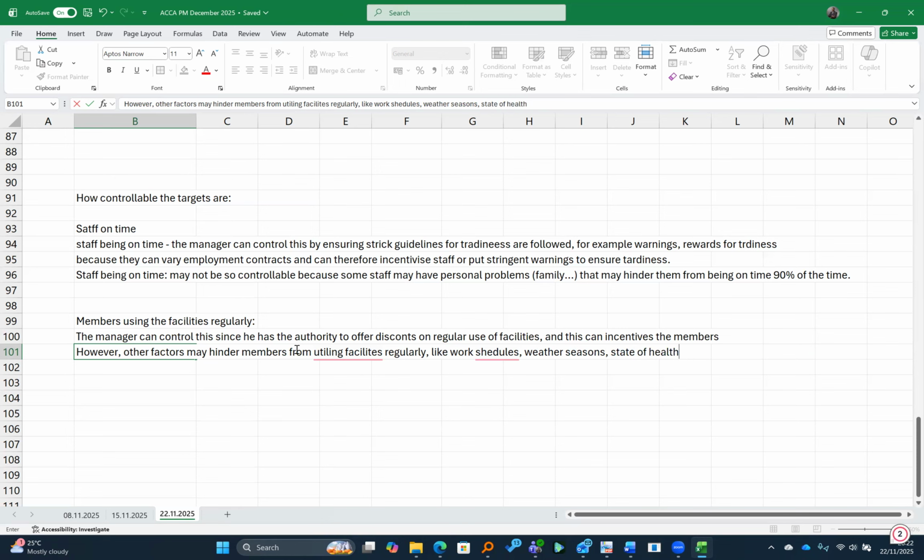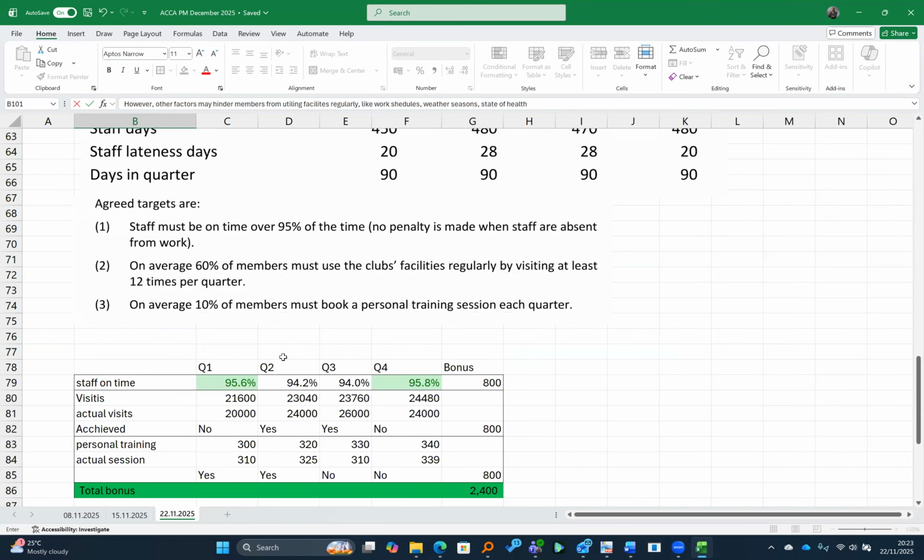like they may not be able to do, for example, gymming every day, because we are trying to have them come. Remember, this point was to try to make them come at least 12 times per quarter.